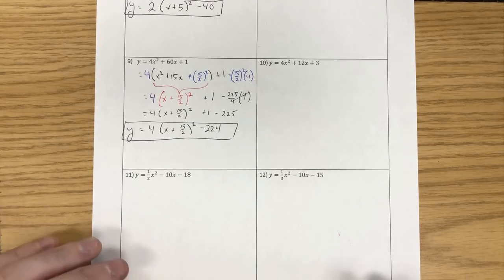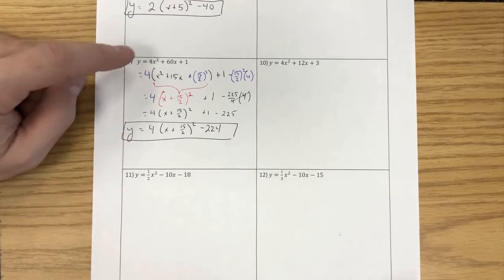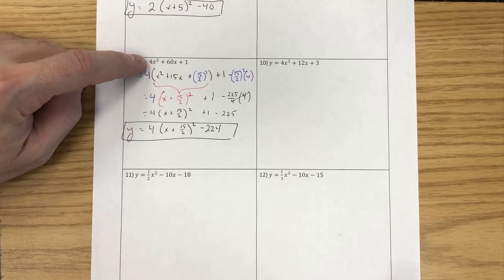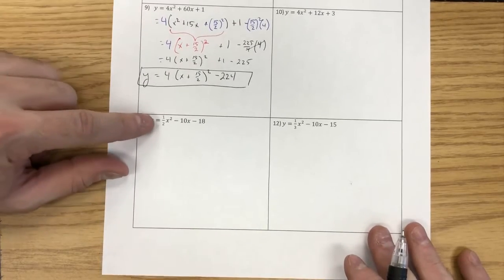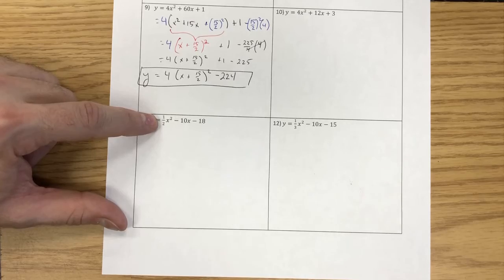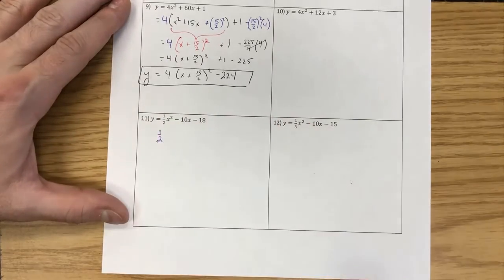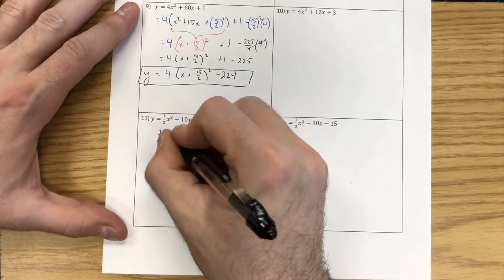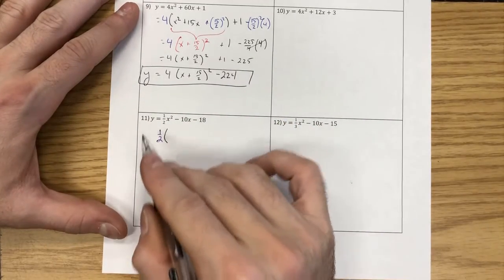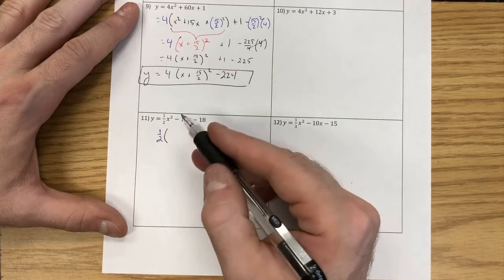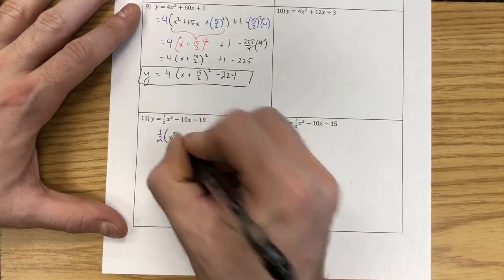And so now that we're familiar with that process of just factoring out that leading coefficient, that works even if the leading coefficient is not a whole number. So for example, this is a half, so I'm just going to factor out a 1/2. Now, what that's going to do is if I divide everything by half, remember, dividing by a half is the same thing as multiplying times 2.